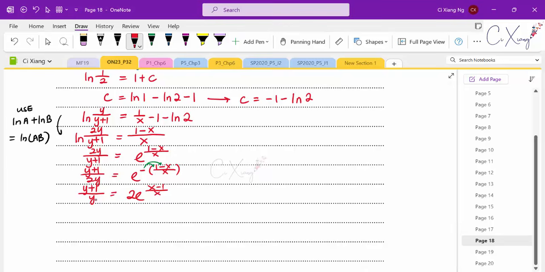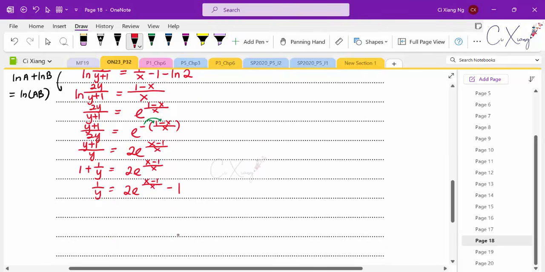Either you can make it become 1 plus 1 over y. You separate the fraction, become 2. Then you move the 1 over, become negative 1. After that, you cross multiply the two fractions here.